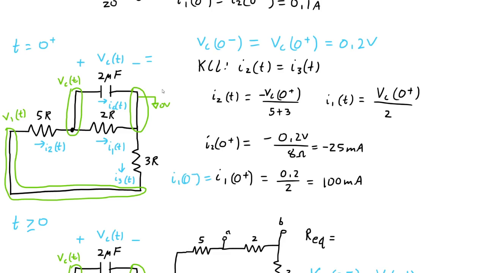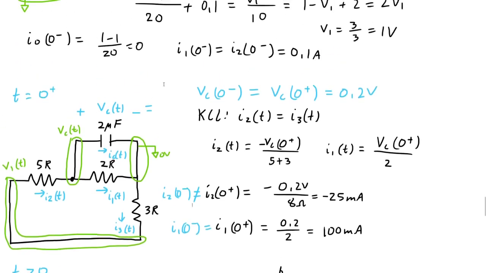That's because the capacitor voltage cannot change instantaneously, but the capacitor will start discharging into the rest of the circuit. And that's why I2, since the resistor current can change instantaneously, there's no dV/dt over here, the current can change instantaneously, and it does.